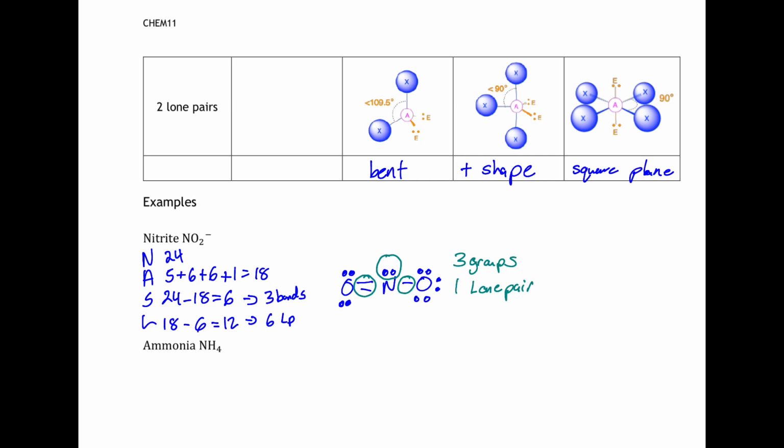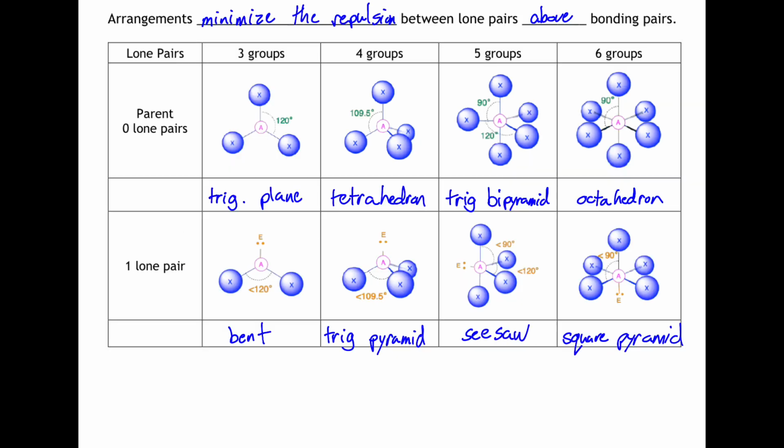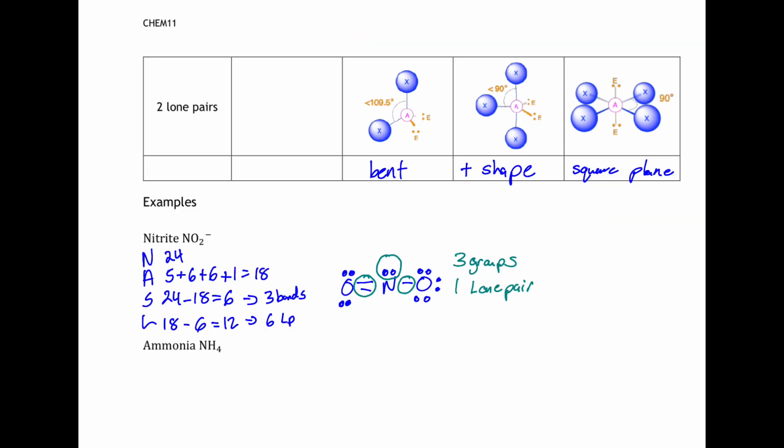So what shape has 3 groups and 1 lone pair? It is just 1 page back. That one there. Back to this page. So this is going to be a bent.